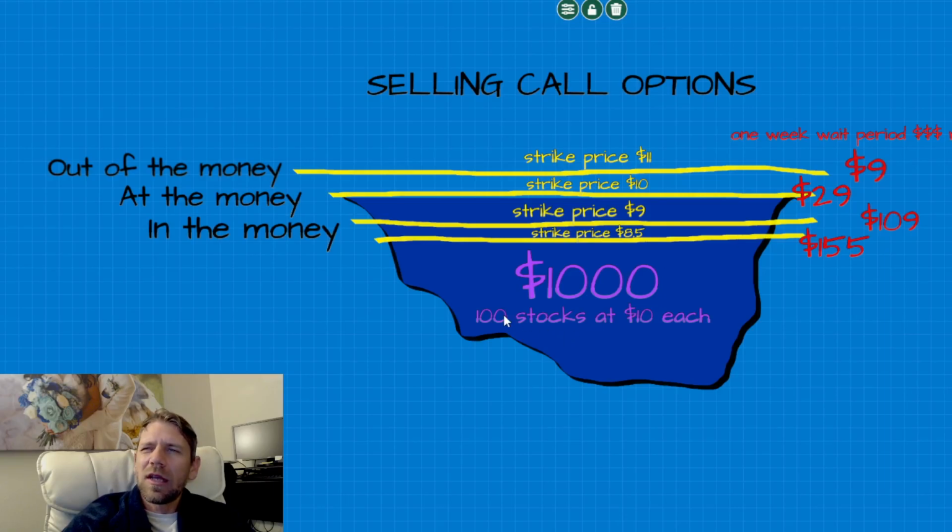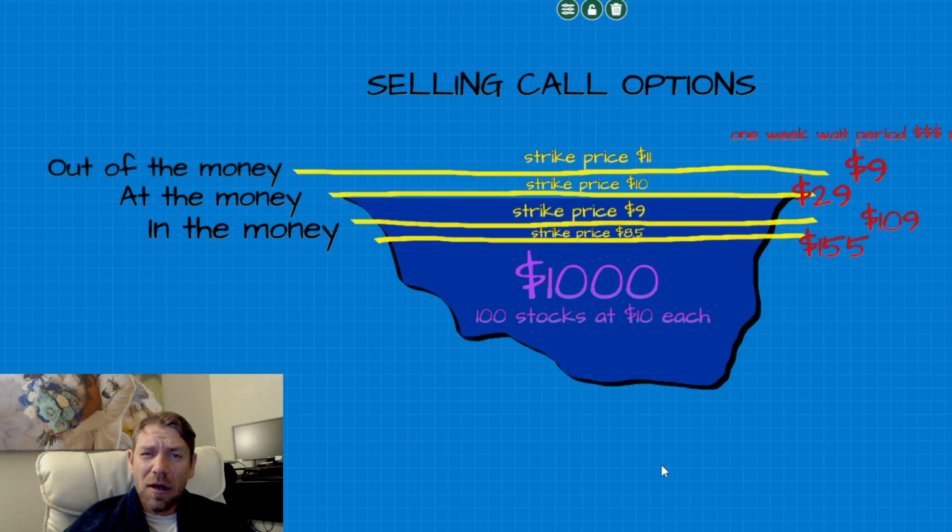The only way you can gain control of your 100 stocks is by paying down that contract you just sold. You need to buy that call back, buy that contract back in order to get the key to unlock your shares from the safe and be able to trade them again. Okay? So that's what putting up something as collateral means.